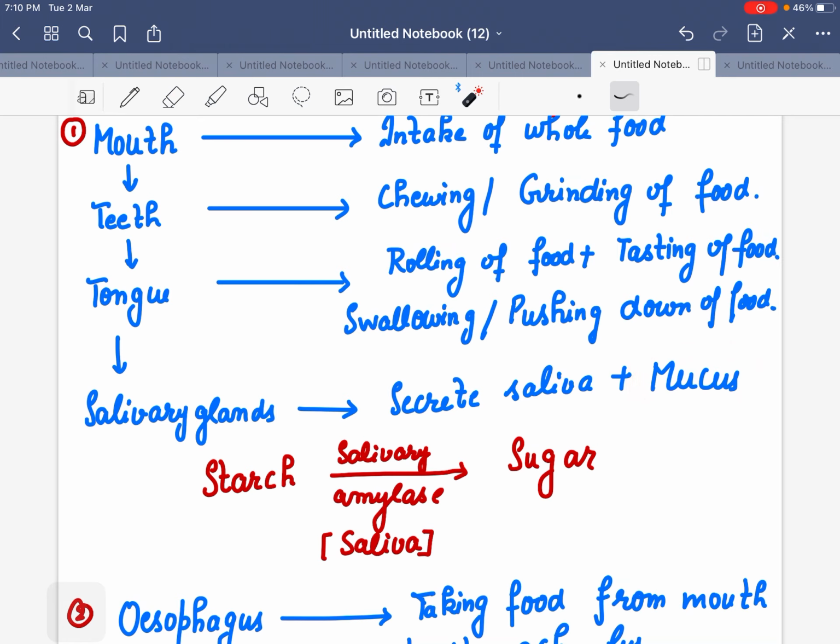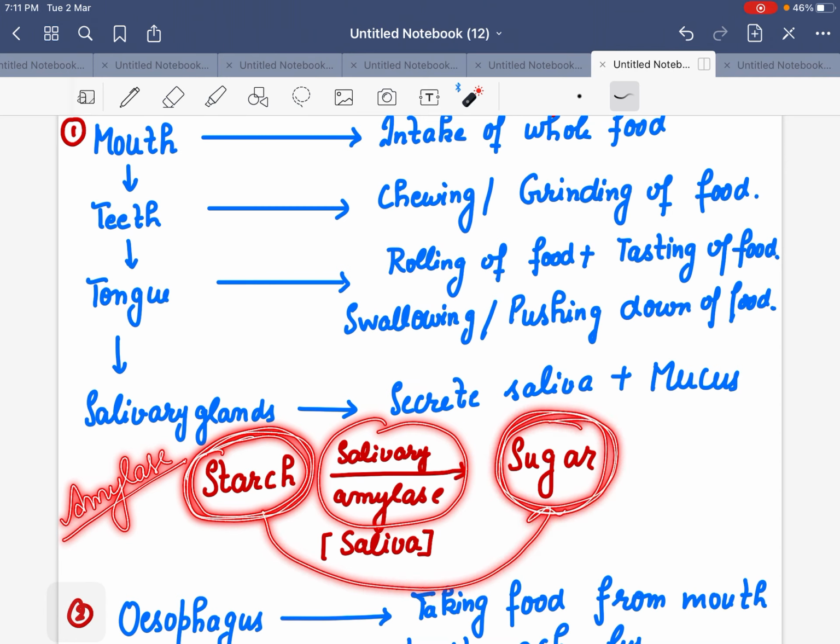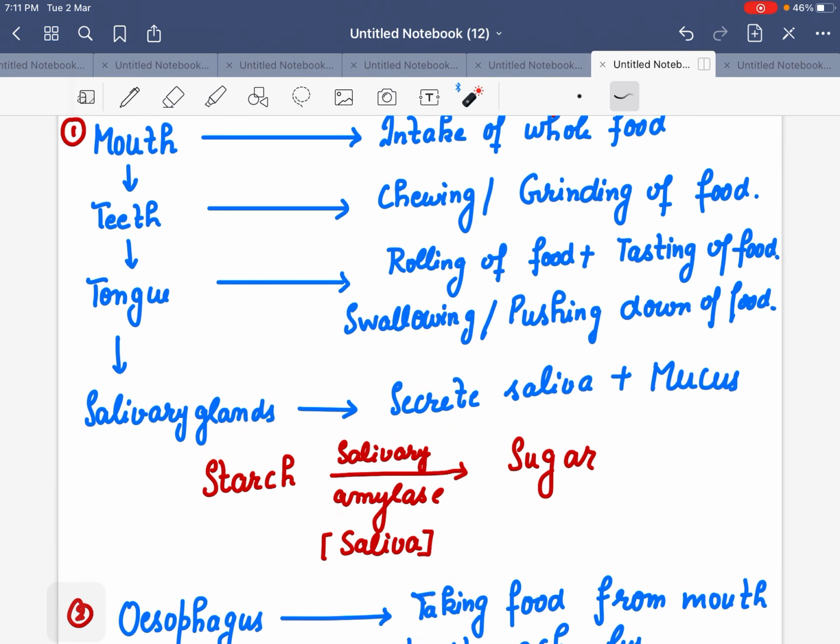Now there is a very important one mark question: which enzyme does saliva have? That is salivary amylase. For what do we use amylase? Starch. So here starch will break down into sugar, because saliva has the enzyme salivary amylase.